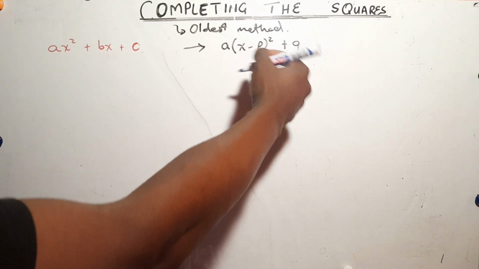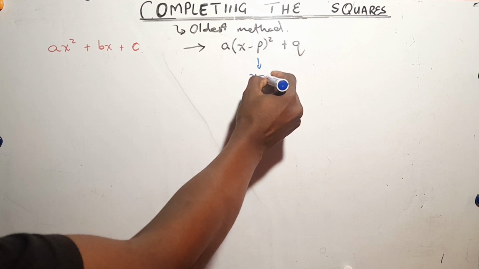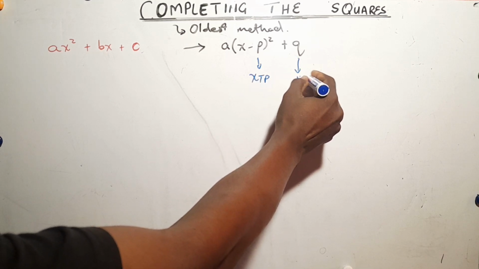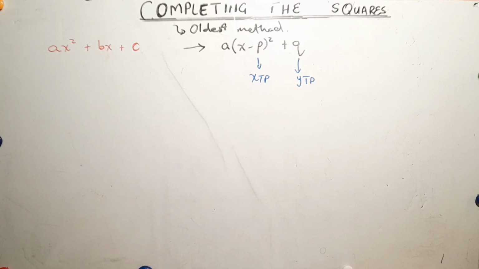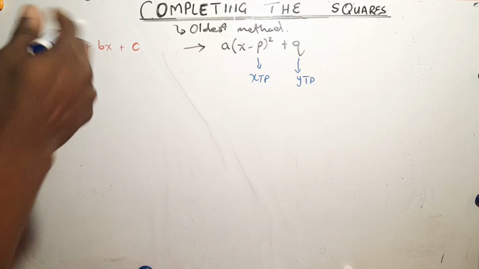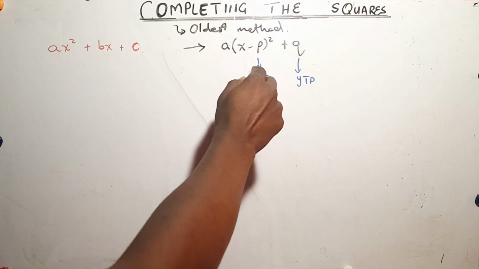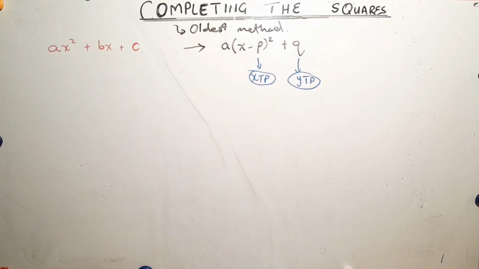With this expression now, we can see that this is the x value of the turning point, and this is the y value of the turning point. Obviously a quadratic function has a turning point where it turns, right? So already we can see that this gives us the turning point.